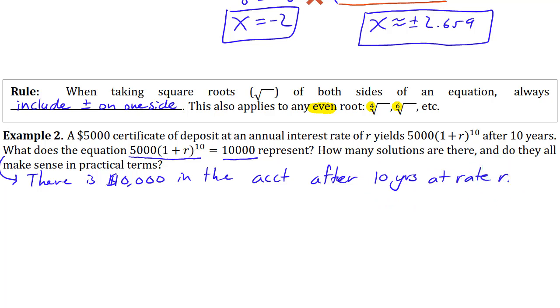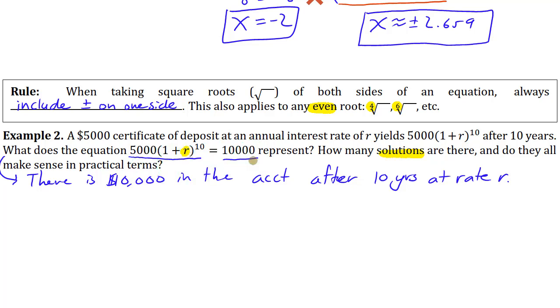And then we want to see how many solutions are there and do they all make sense in practical terms. So a solution of this is a value of R, because the variable here is R, and a solution of an equation always means to find the value of the variable that makes this equation true.